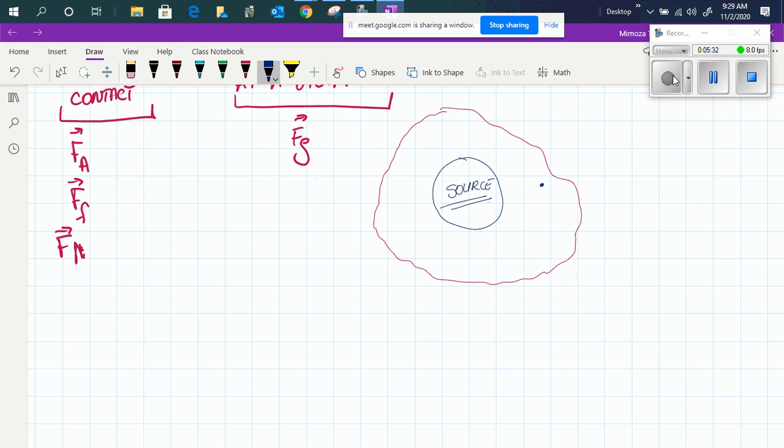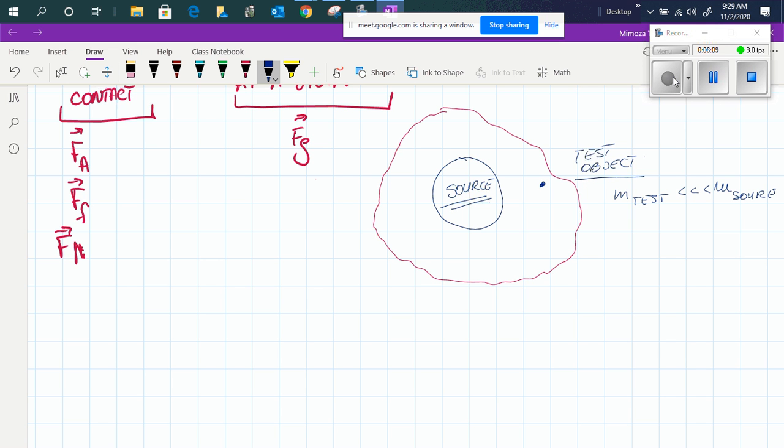So now, the configuration of the field is identified by placing a test object in the area. In the case of gravity, this will be an object whose mass is way smaller than the mass of the source.